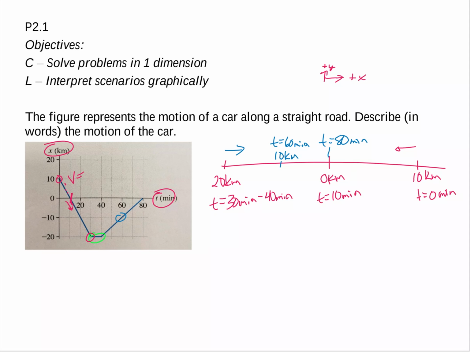So give me a final position minus an initial position. Negative 20 minus the initial position, which was positive 10, over 30 minus 0.